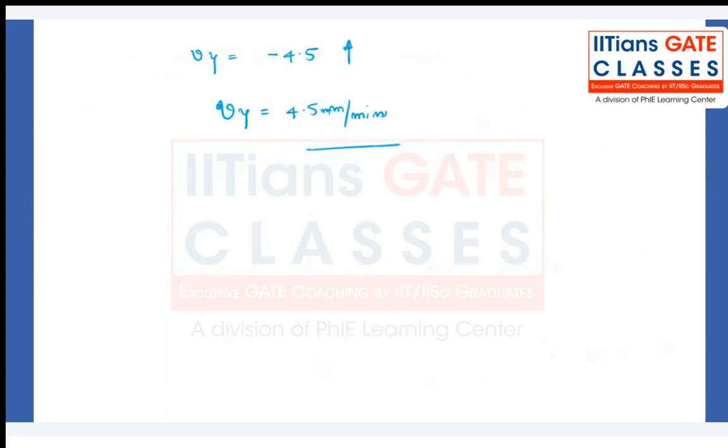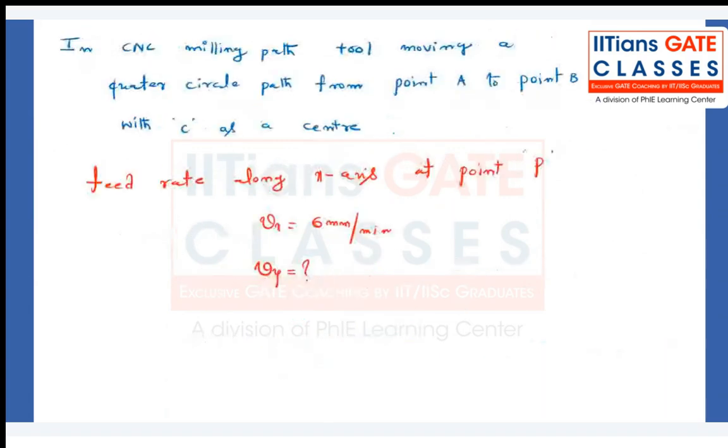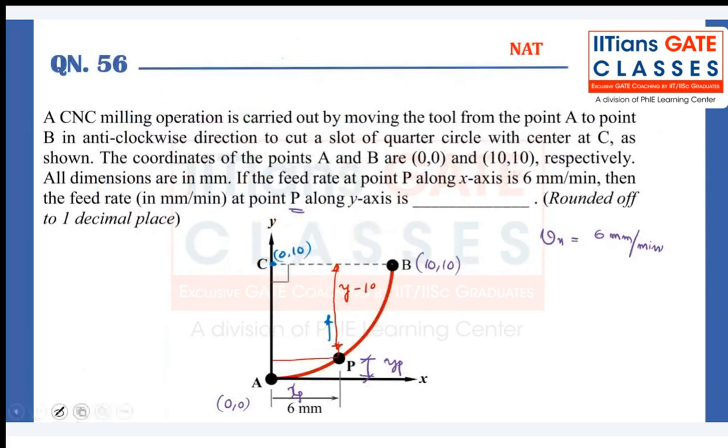So vy is equal to 4.5 mm per minute. Now your answer is here. It's a little lengthy question, but you should concentrate well, then it is easy to solve. 4.5 mm per minute. Clear, everybody, guys? I hope you understand. Now let us move on to another question.